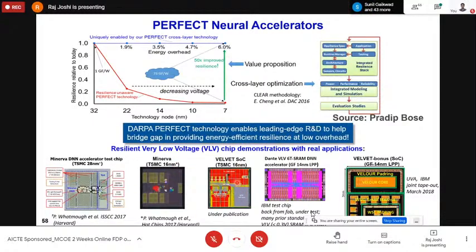This one was the chip. Again, we didn't publish on it, but we simulated this one. And this was our IBM chip, which we also published, in 14 nanometer. We were able to show that we could go to very low voltages. And then there were other versions of this as well.